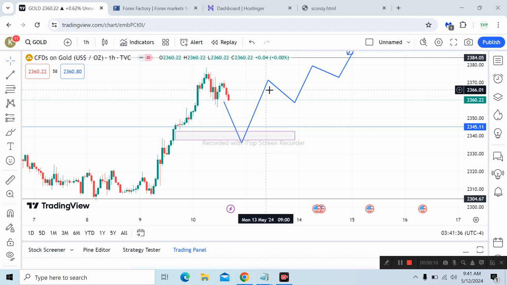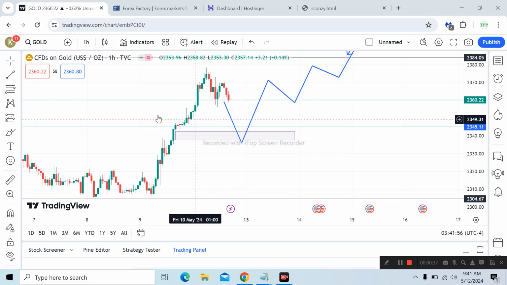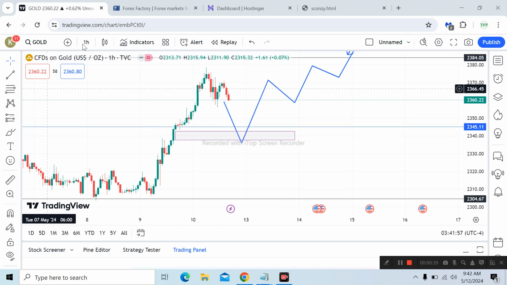Remember, this is gold and we are on the 1 hour time frame. We are looking for price to take our previous daily high. So our target is for price to retrace down to this place and then take that high we are looking at.